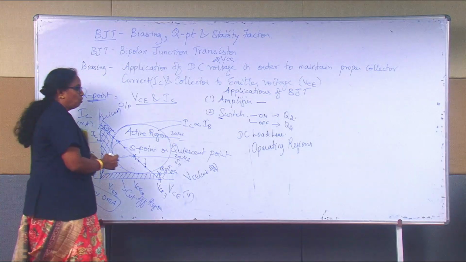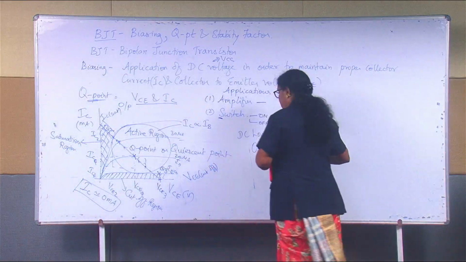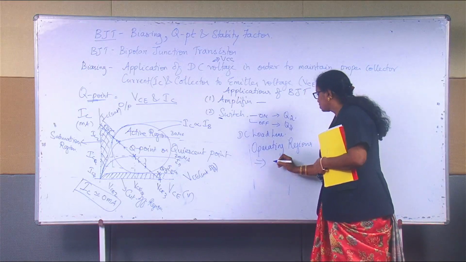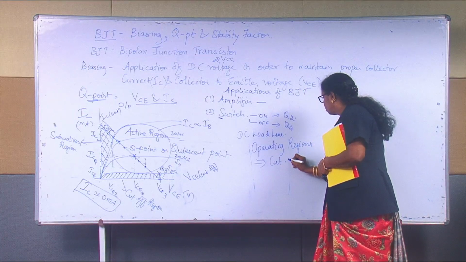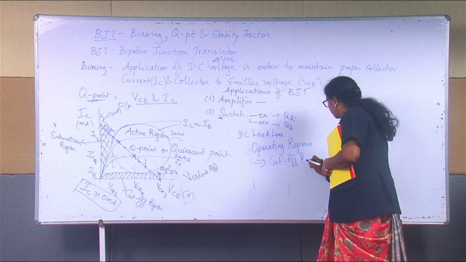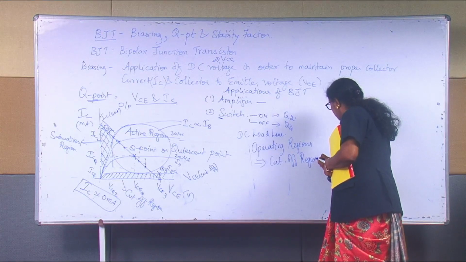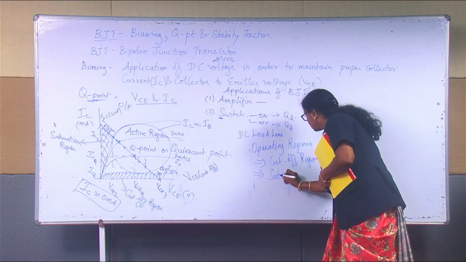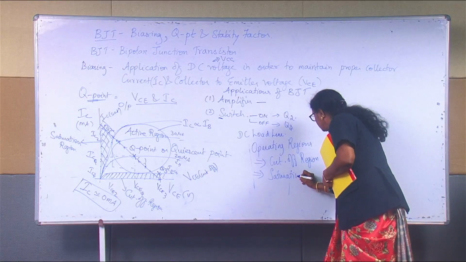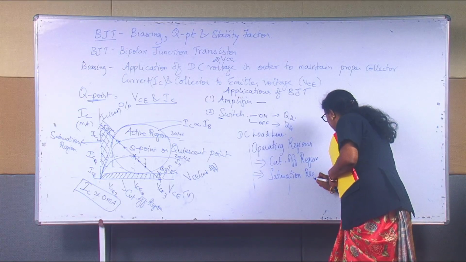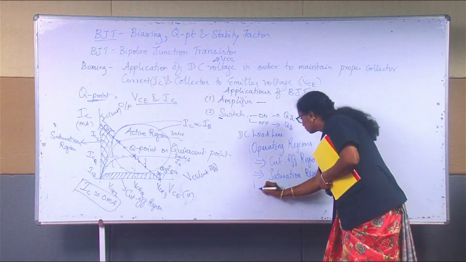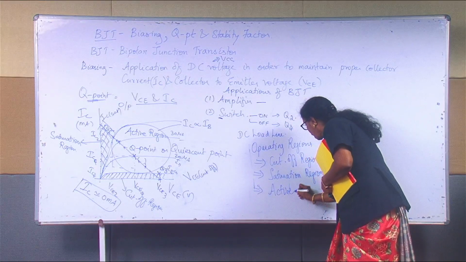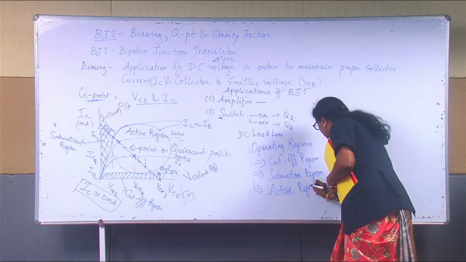Okay. So, coming to the operating regions, there are three: one is the cutoff region, next one is the saturation region, finally the active region.